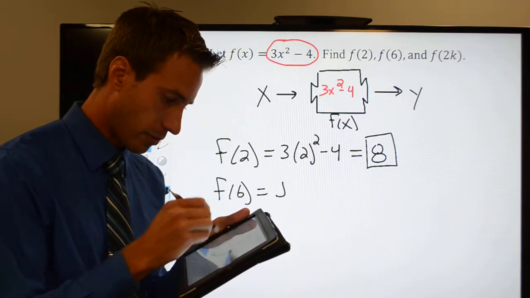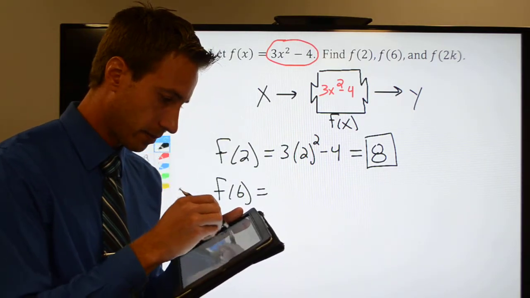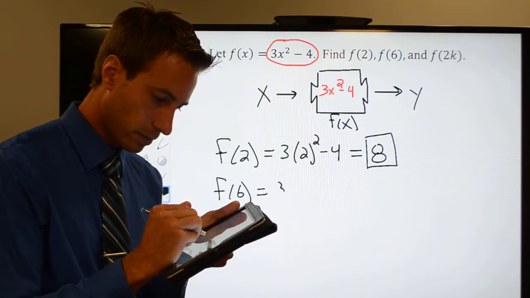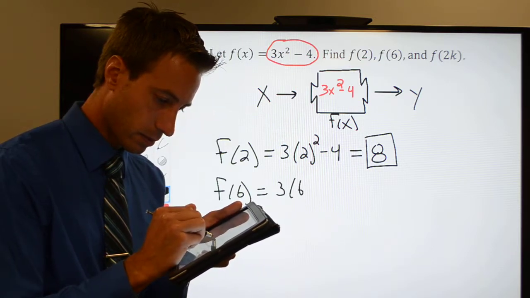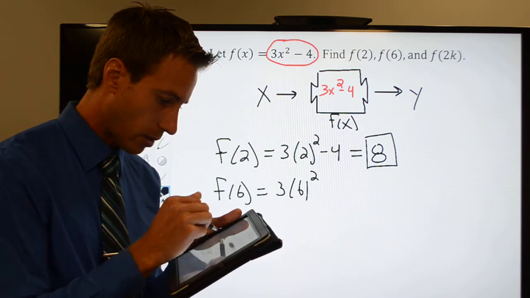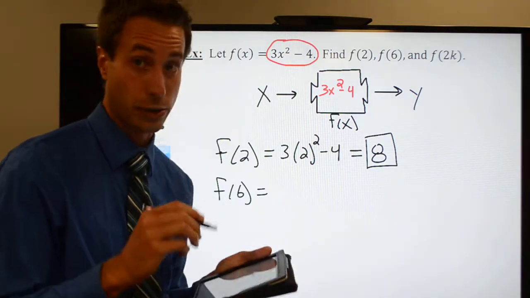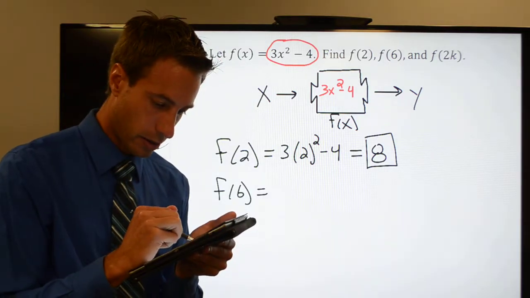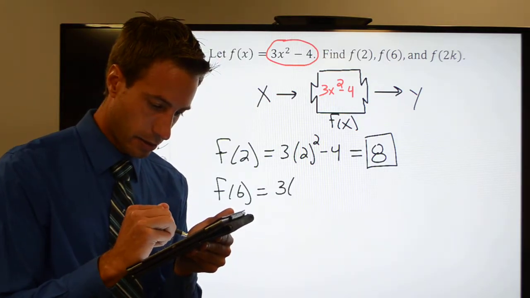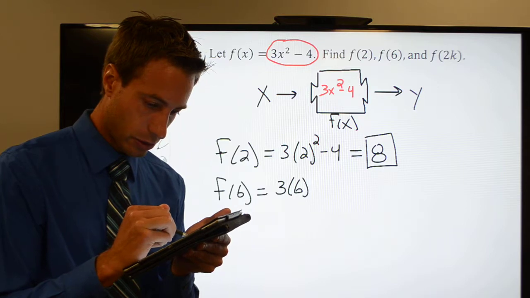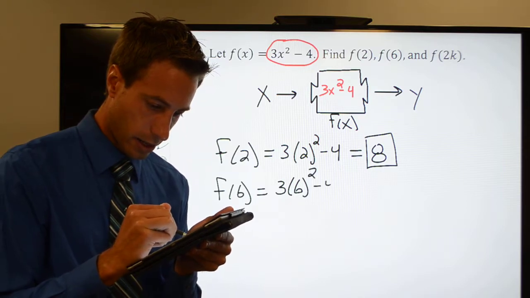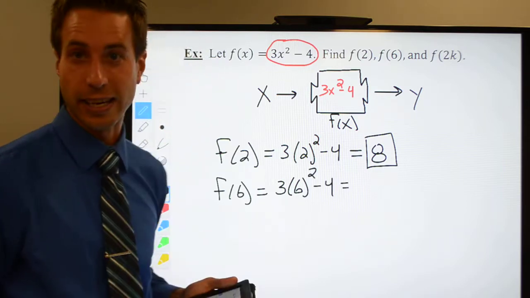Oh, that 3 didn't turn out right. Hang on, let me rewrite that. None of that looks good. I can do better. Here we go. 3 times 6 squared minus 4. There we go. Now you can read that.